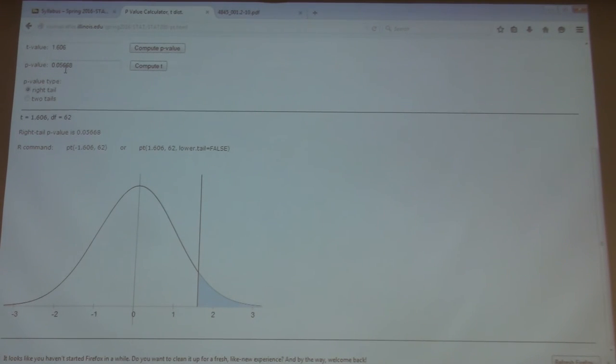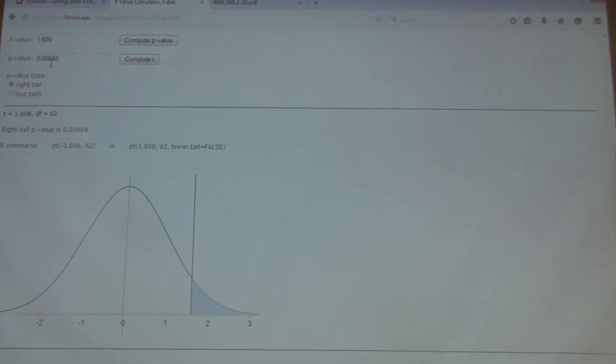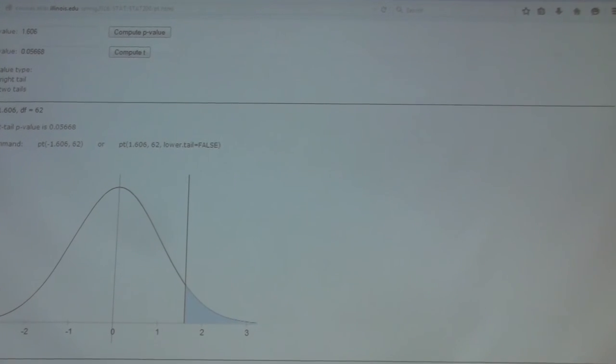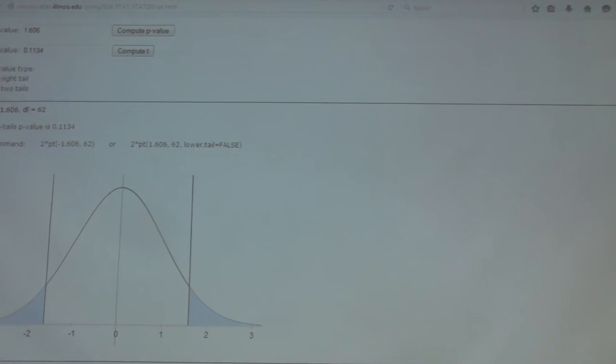P is equal to 0.05668. Something like that. And this one, when we did it two tails, we got.